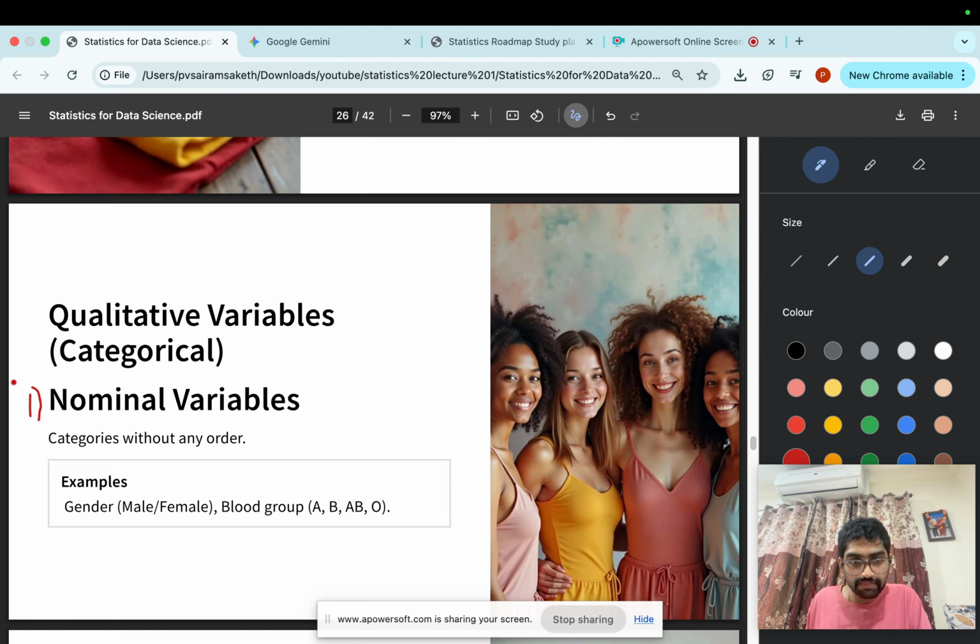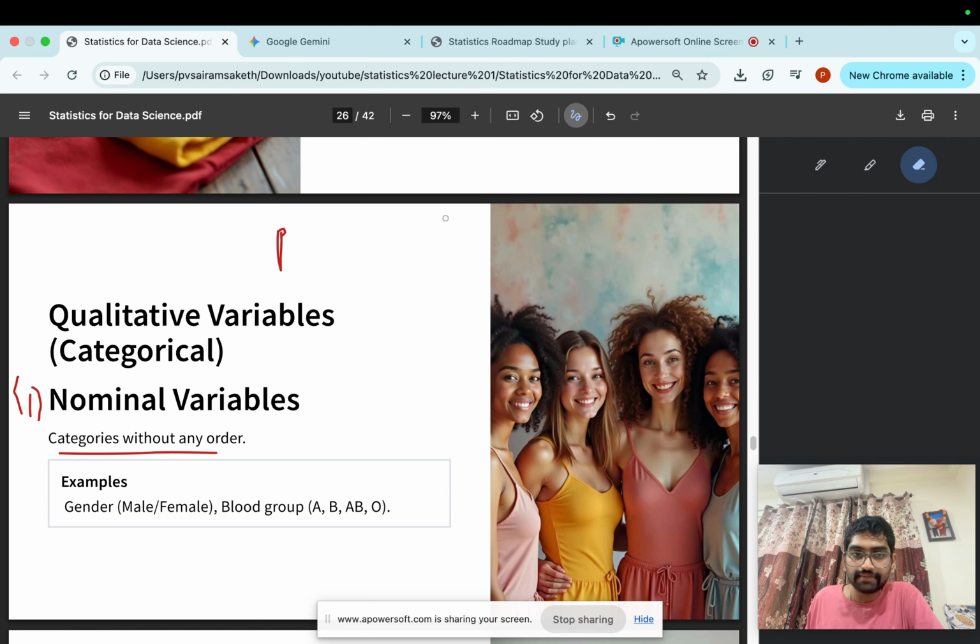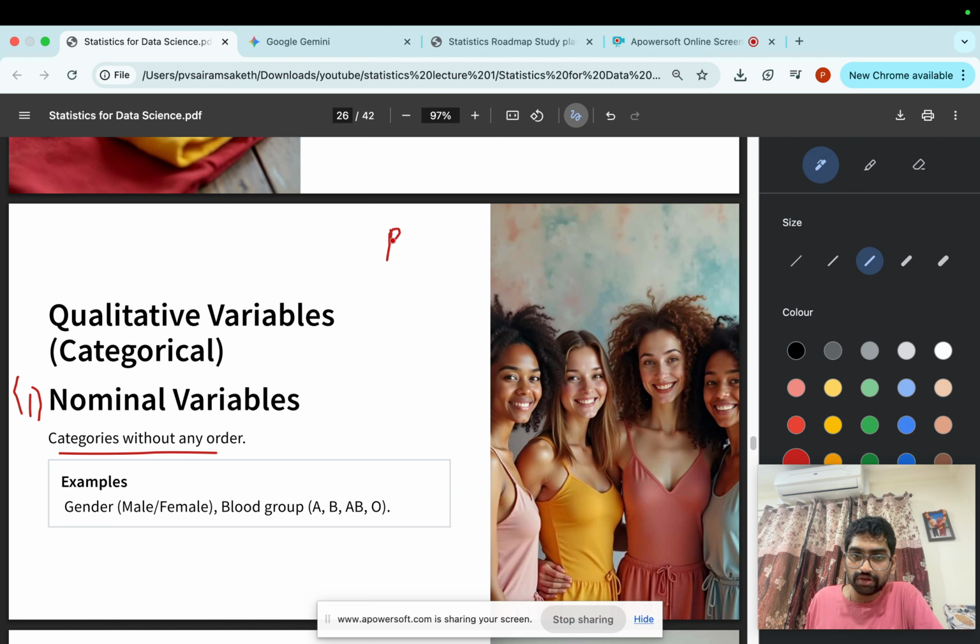One is nominal variables, categories without any order. Now let's take one example, an example of a person. Here I will write person as PER, and blood group as BG.